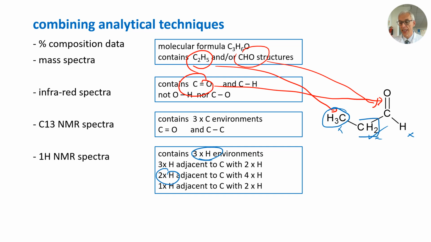So if we look at here, we've got 1 here and 3 here, so we've got 4 protons on neighboring carbons, and then finally we've got 1 proton adjacent to a carbon which carries 2 protons. So this carbon has 1 proton next to a carbon that carries 2 protons, definitely confirming propanal.